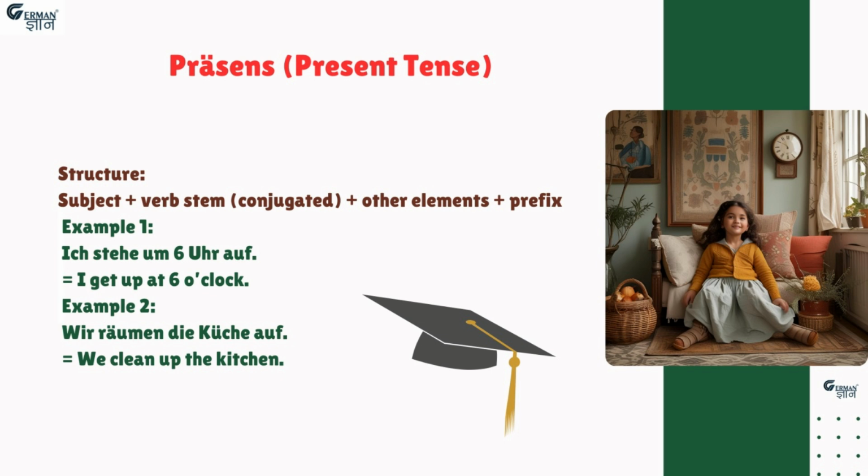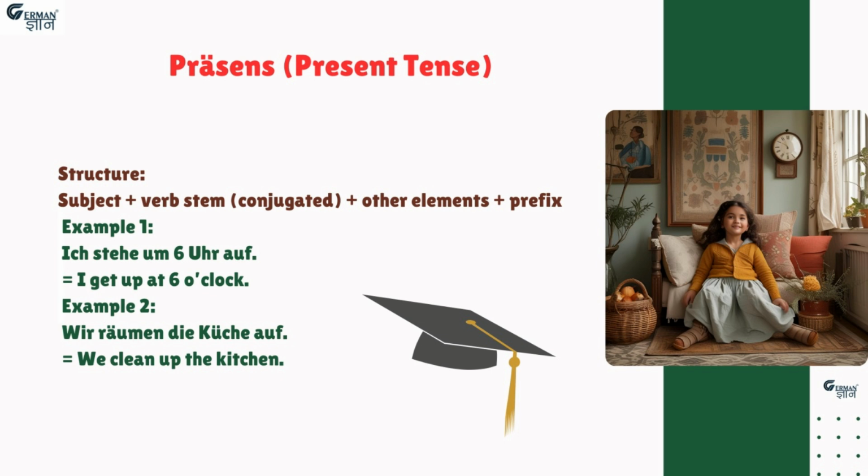For example, Ich stehe um 6 Uhr auf. In this sentence the verb is aufstehen, so stehen is conjugated at the second place and auf is at the end of the sentence. Another example is, Wir räumen die Küche auf, means we clean up the kitchen.